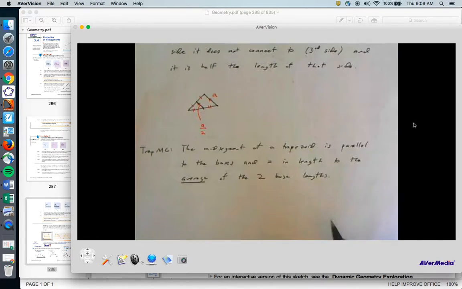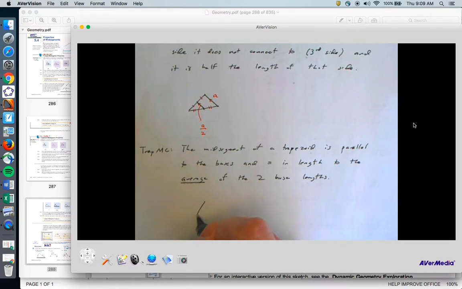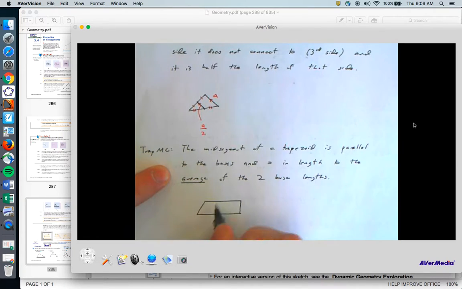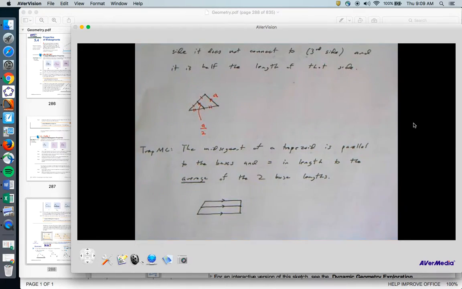So let's draw a picture of this too. It's got a little bit of space on paper left. So here's a trapezoid. I'm just going to freehand it. This is not what we really want to do, but for what we're looking at right now, it's okay. So these are all parallel.